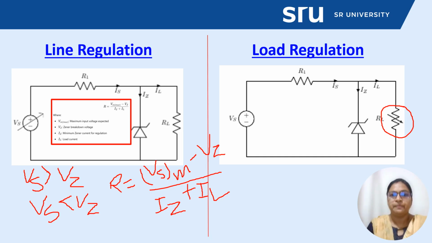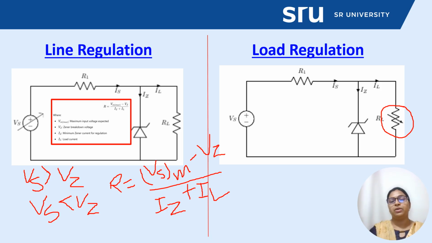Load regulation is defined as the ability of the voltage regulator to maintain constant output voltage as load resistance changes while keeping the input voltage constant. Or we can say, if the load varies, with more devices connected or disconnected, does the output voltage remain stable? That is the part we do here.